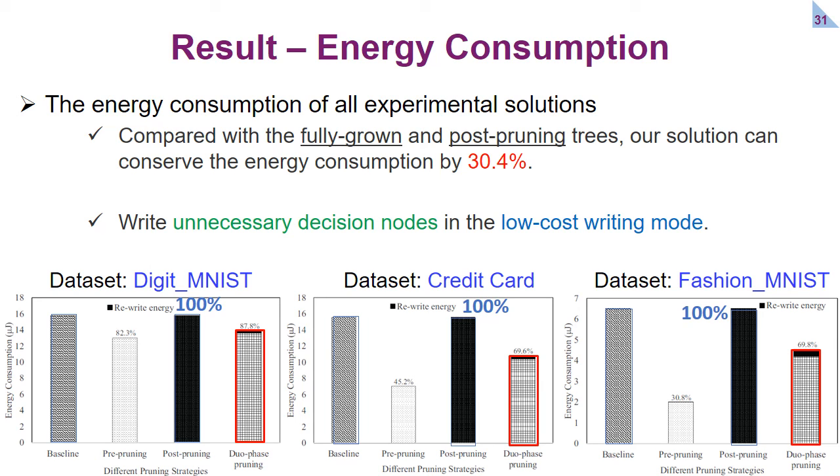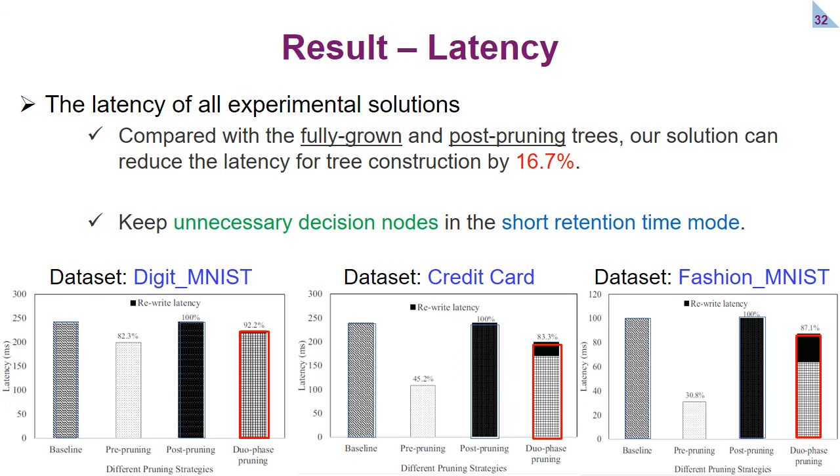Therefore, it can reduce the energy consumption by up to 30%. As for the latency, the proposed dual-phase pruning can reduce the latency for tree construction by up to 16.7%.